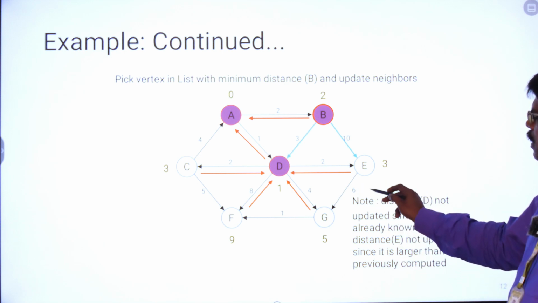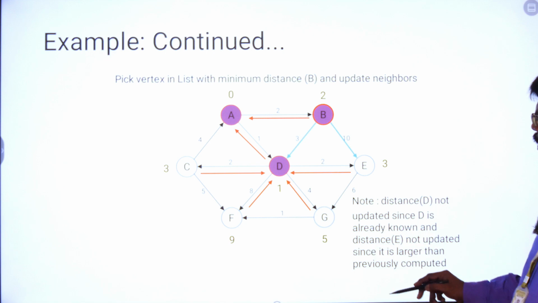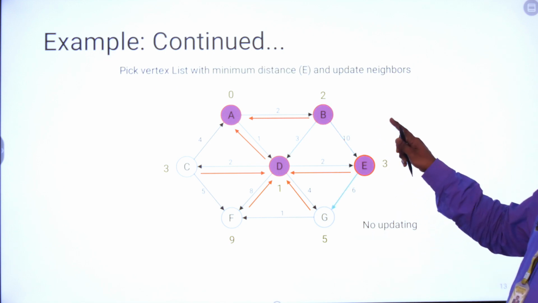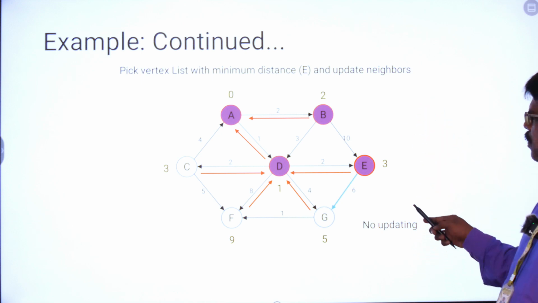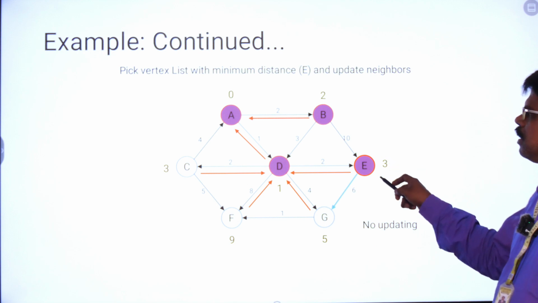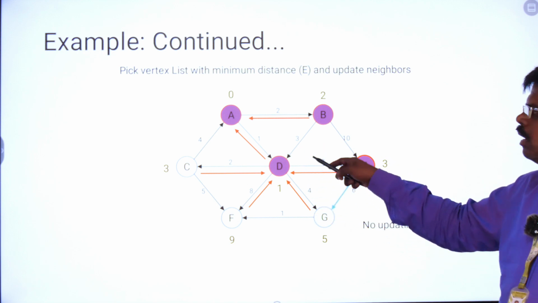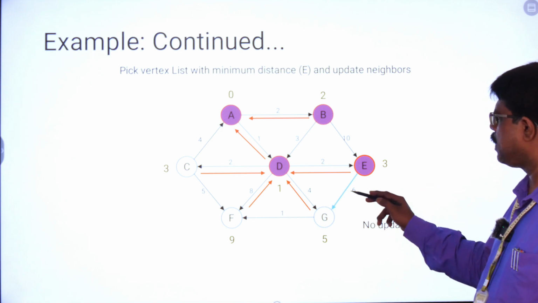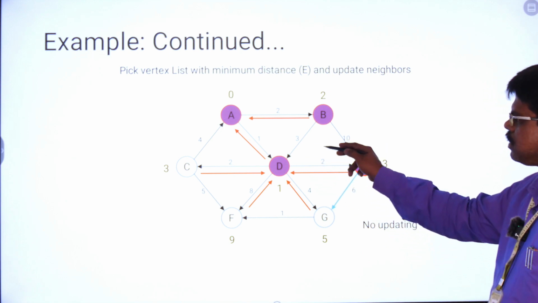You can see the value, E is 3. Okay. So this is the next thing. Pick the vertex in the list with the minimum distance E and update the neighbors. Now if you take E as minimum, 3 will be the minimum value. You can take the 3 and update the next neighboring nodes. If you take a 3, no updating because other nodes' values are already updated.